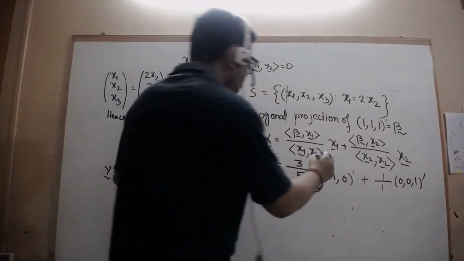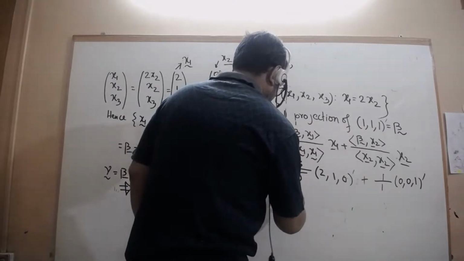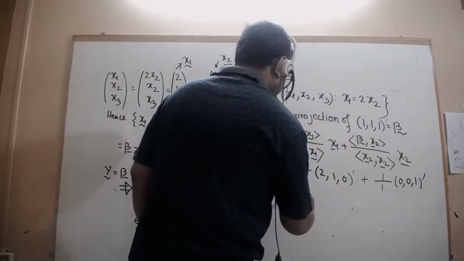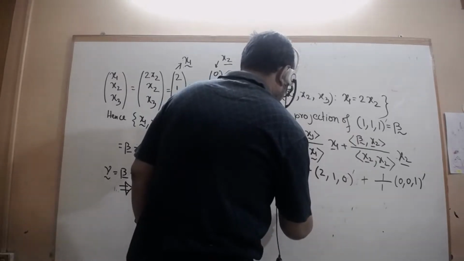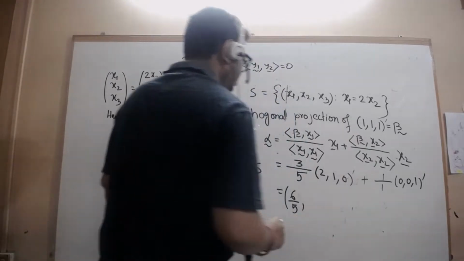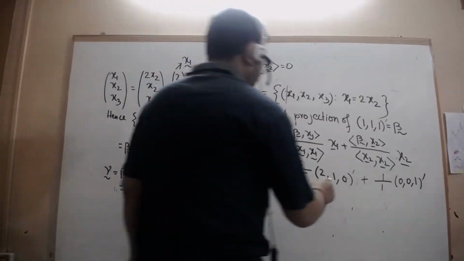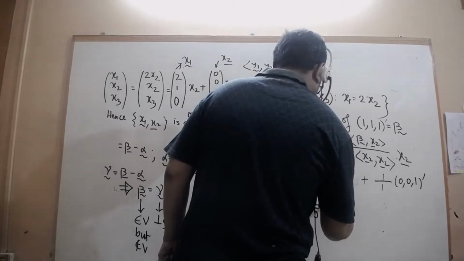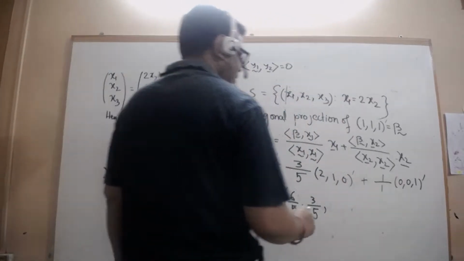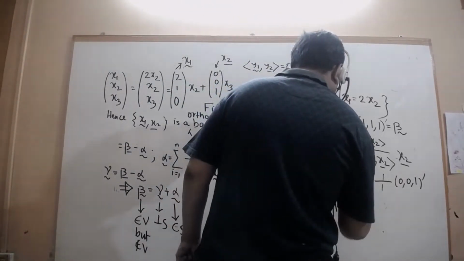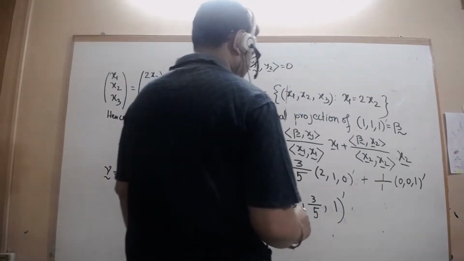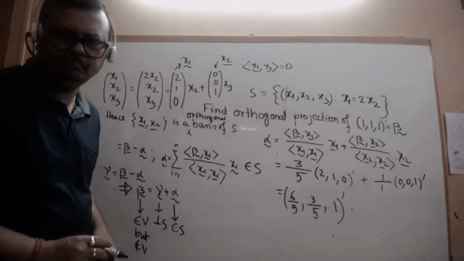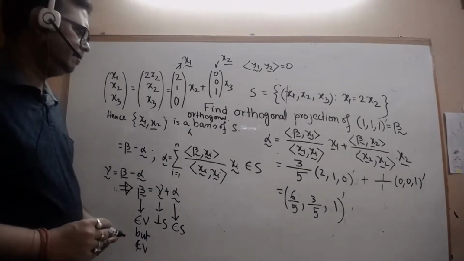So if you simplify this, 6 by 5, 3 by 5, 1. Okay.